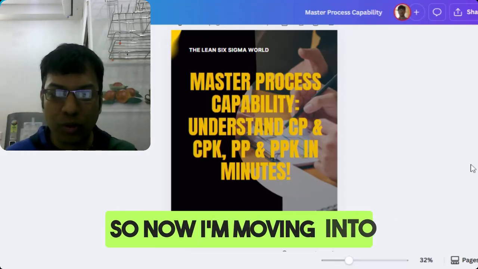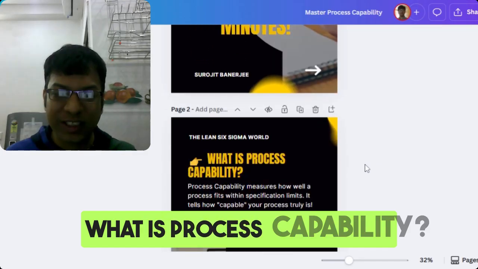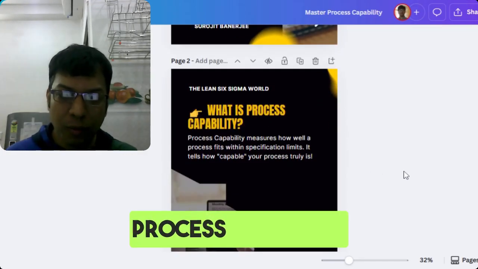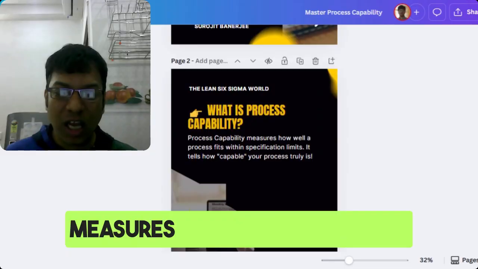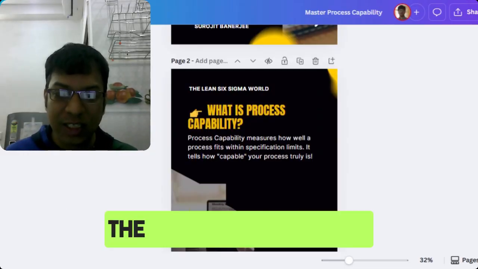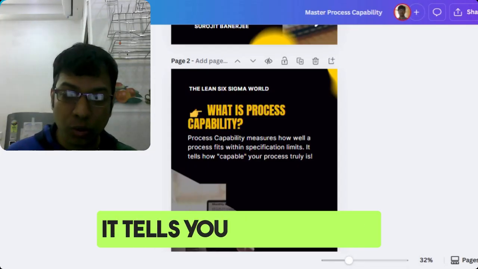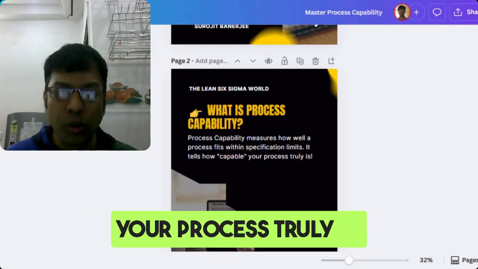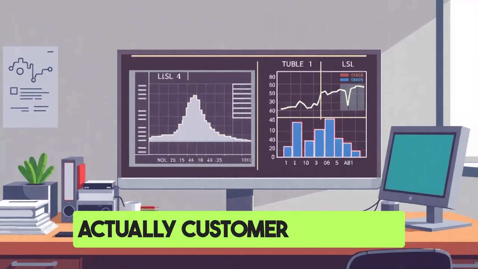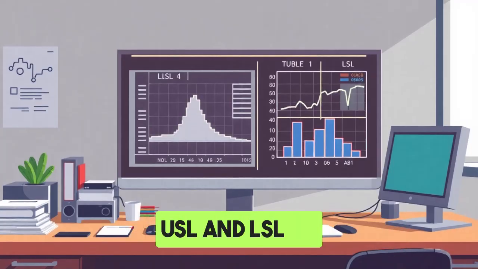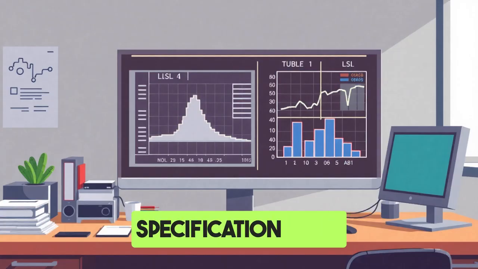So now I'm moving into what is process capability. Process capability measures how well a process fits within the specification limits. It tells you how capable your process truly is. Actually, the customer gives you USL and LSL, that is upper specification limit and lower specification limit.